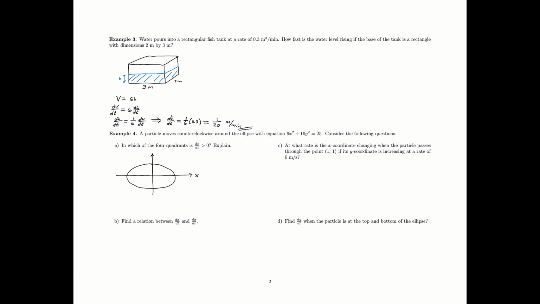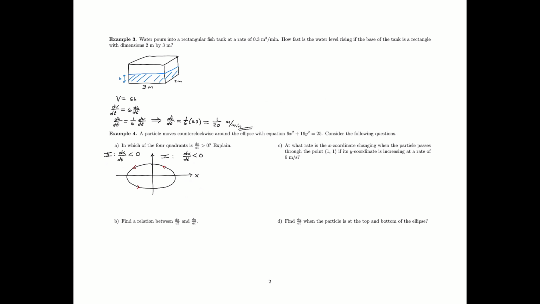Okay, so we can go ahead and label these quadrants. In quadrant 1, we would be moving like this, in which case dx dt would be negative. In quadrant 2, we're moving like this, so dx dt would yet again be negative.